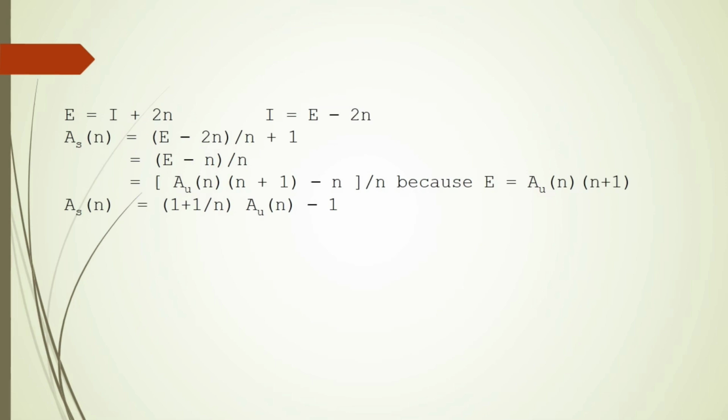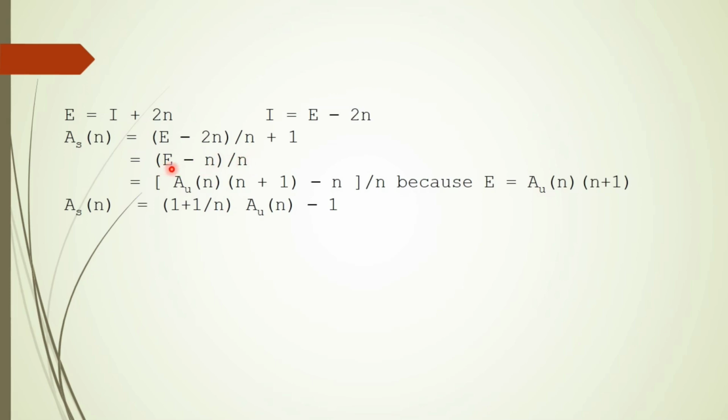I is E minus 2n. So E minus 2n divided by n, plus 1, which is E minus n divided by n. If you solve it further, taking the common denominator and multiplying, you get E minus n divided by n.